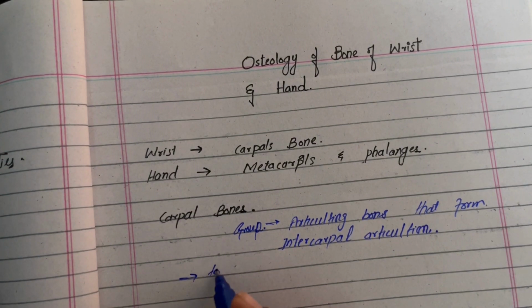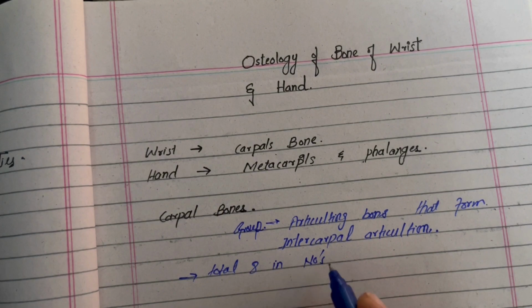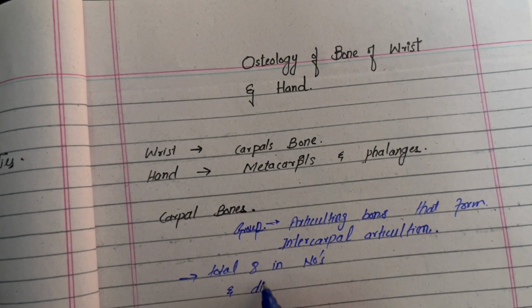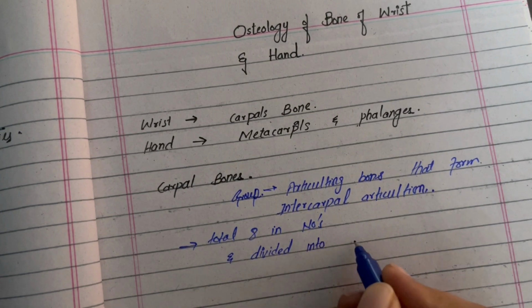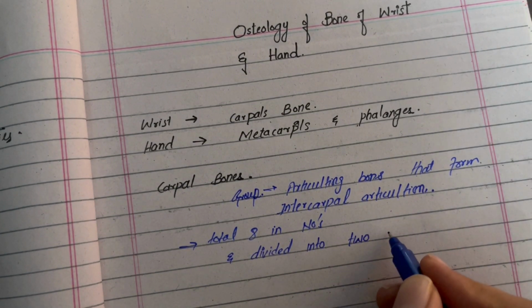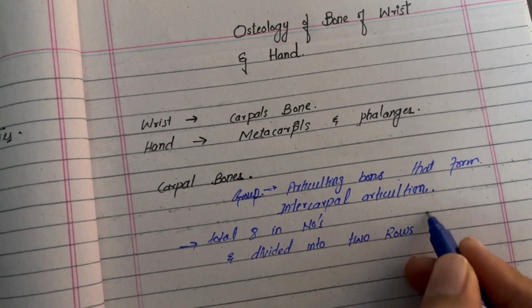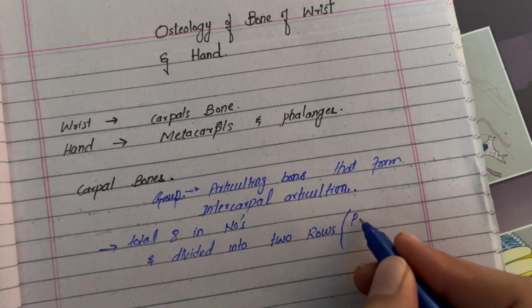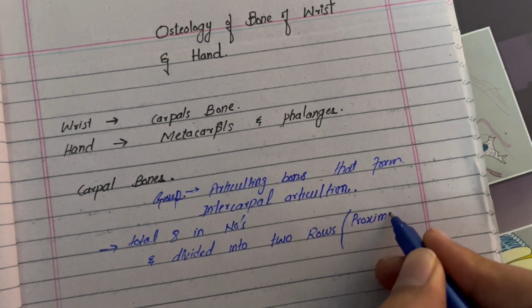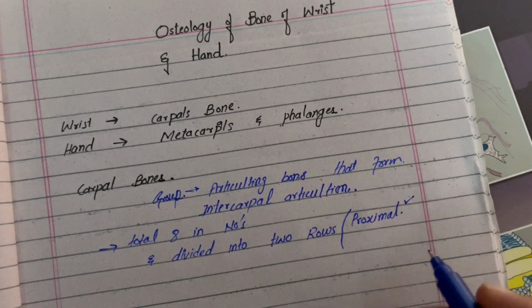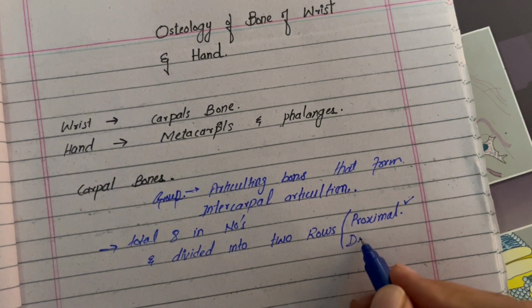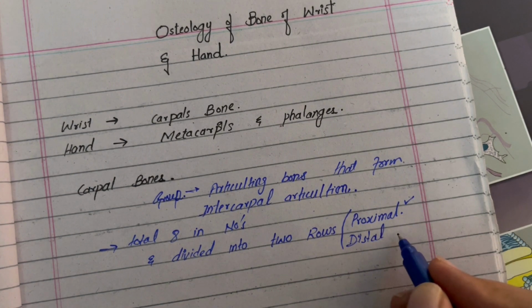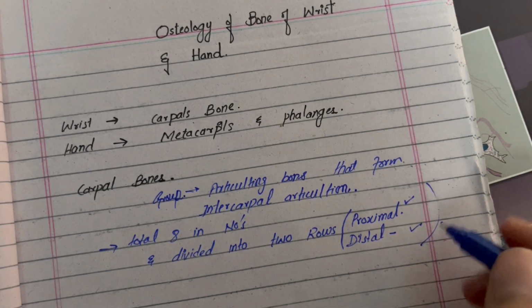They are 8 in number and divided into two groups or two rows, the proximal and the distal. As the name indicates, the proximal group of bones will lie proximally and the distal group of bones will lie distally.